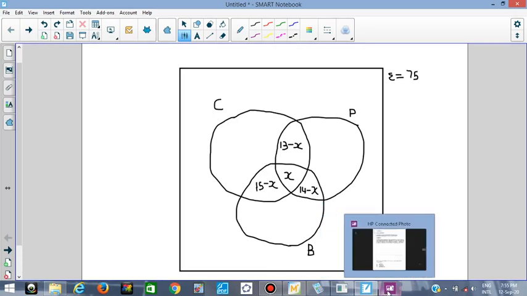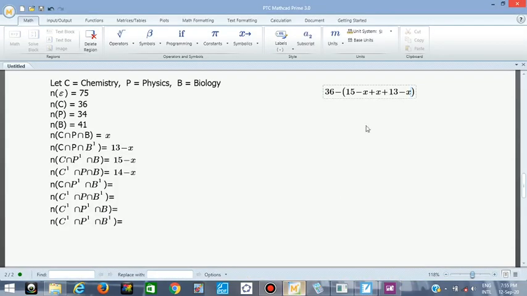Then if you solve the simple mathematics, you will know that 36, these are the like terms, 13 plus 15 here is going to give us 28. Then x minus x here is 0, leaving minus x.